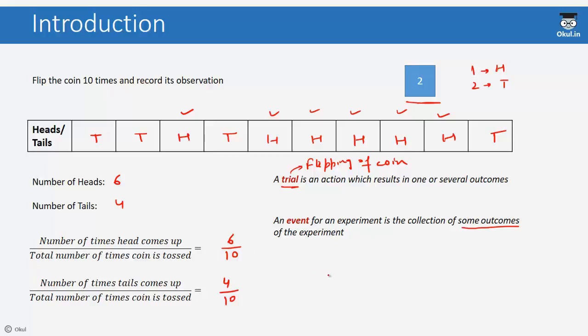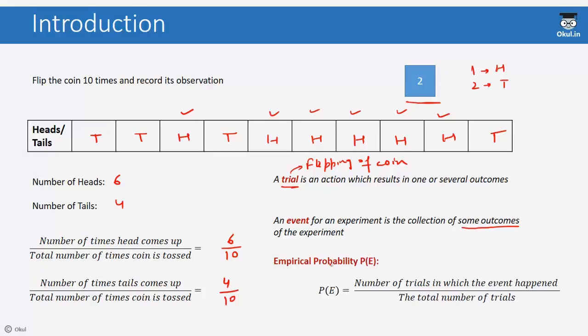So on the basis of this, we get the definition of empirical probability. Empirical probability is number of trials in which the event has happened divided by the total number of trials. For example, I am looking for probability of getting the heads. Then the event will be occurrence of heads.